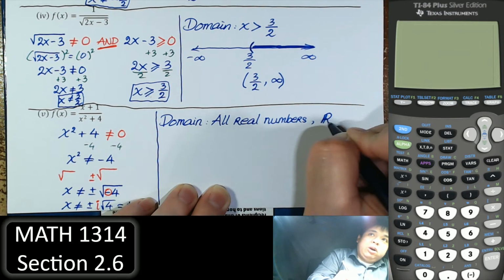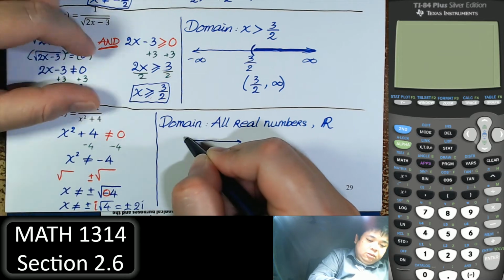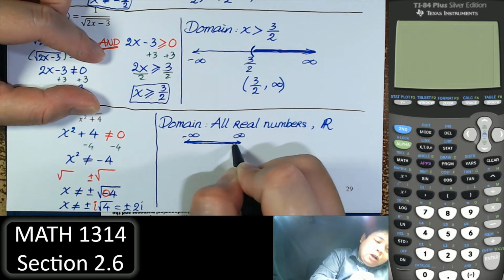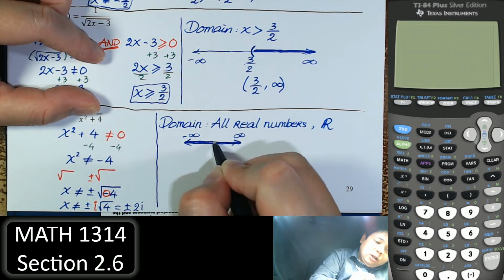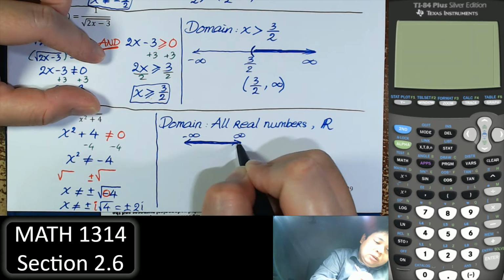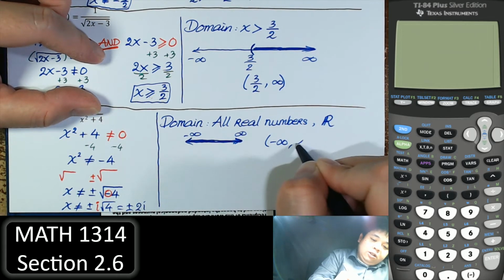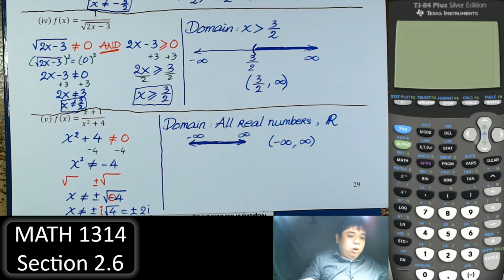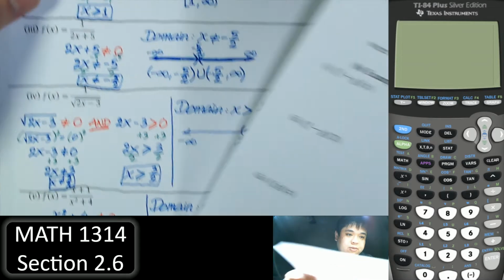All real numbers, we can use the set of all real numbers, or we choose the whole line, or we use interval notation. So that is the domain of a function.